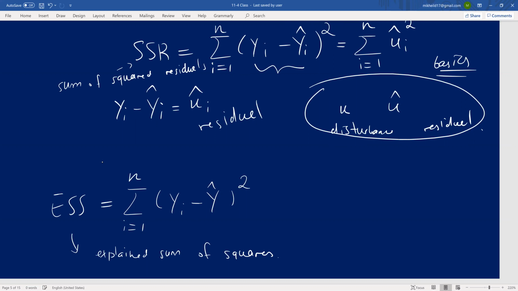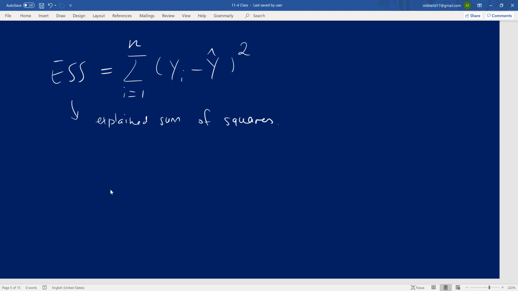And what is TSS? The sum of yi minus y bar squared. Very good. That means total sum of squares.